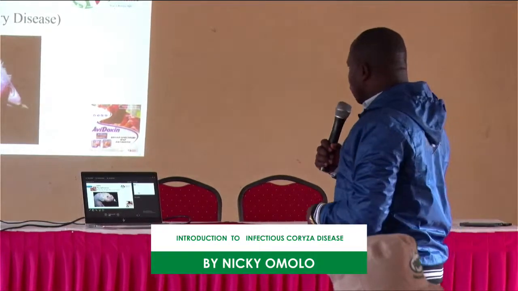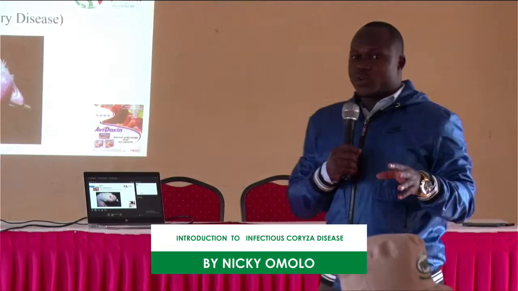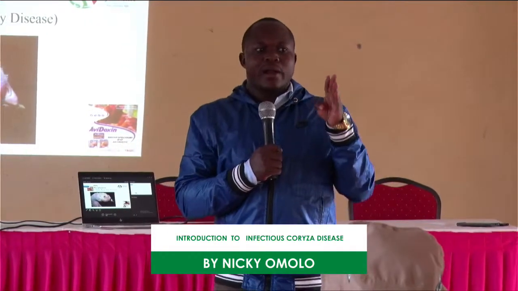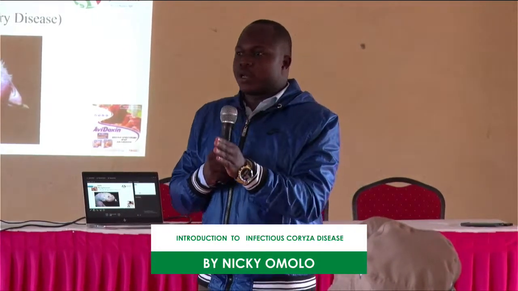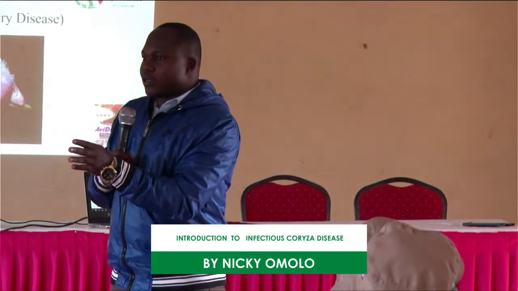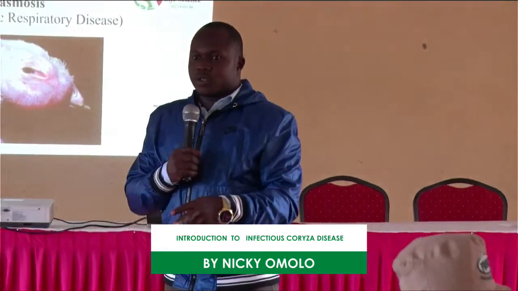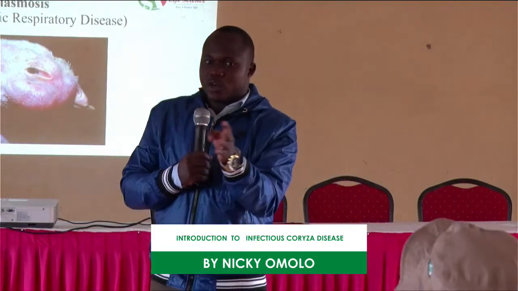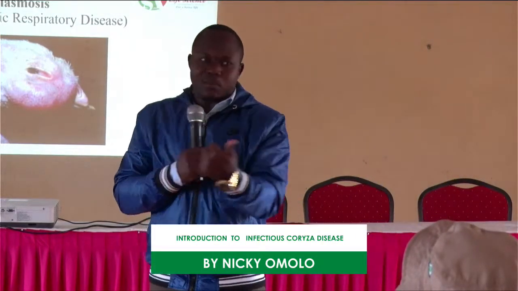Then number two, when dealing with infectious coryza, when you begin doing what we call physical observation, because of course you start with general observation, then you go to physical. So in physical, you now touch the animal, correct?